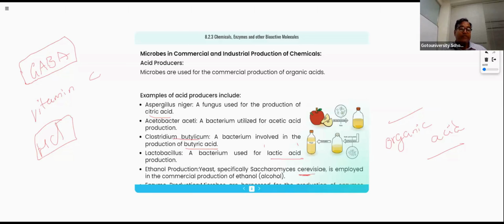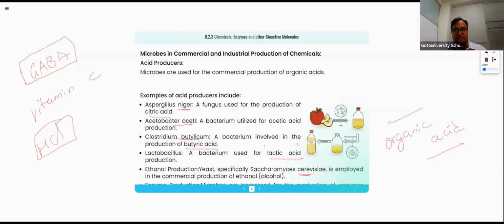Sometimes in the board exam they will ask what type of commercial product we are getting from acid producer category microorganisms, like fungus. Aspergillus niger is an amazing answer. Acetobacter aceti is an amazing answer. Clostridium butyricum is an amazing answer. Like this, we need to ensure the proper answer script making process.